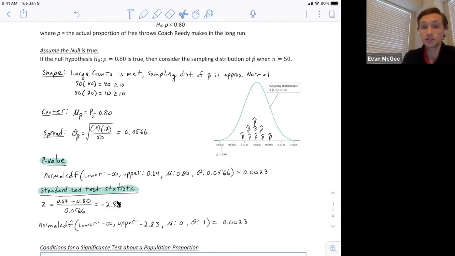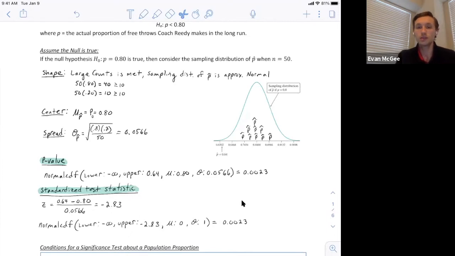The standardized test statistic is the z-score. And to find the p-value, we plug it in from negative infinity up to negative 2.83, with the mean of 0 and a standard deviation of 1, because it's coming from a standard normal curve. And you see we get the exact same probability that we found earlier.